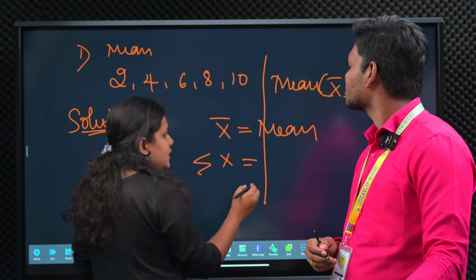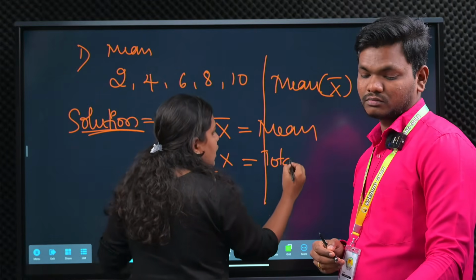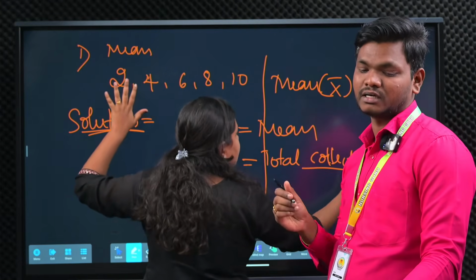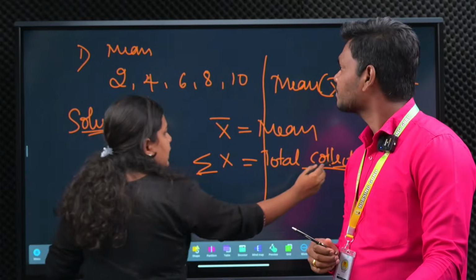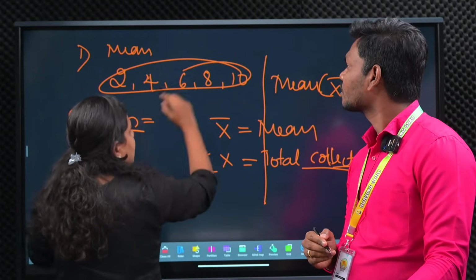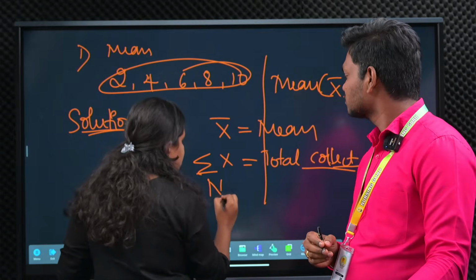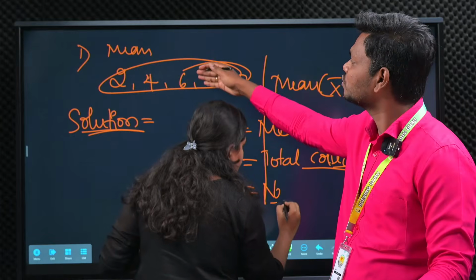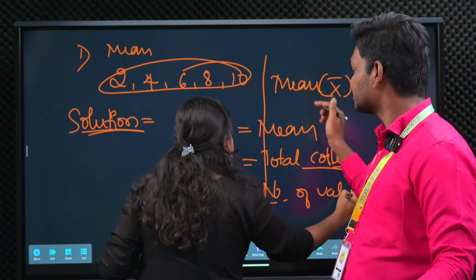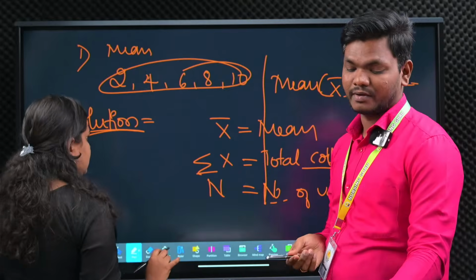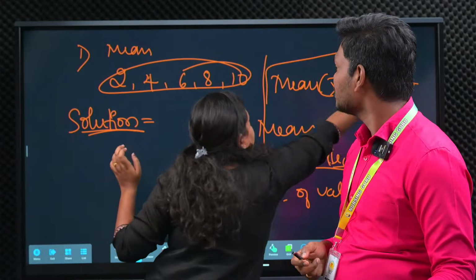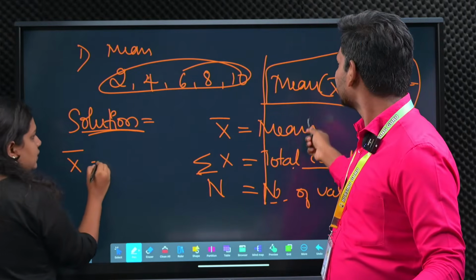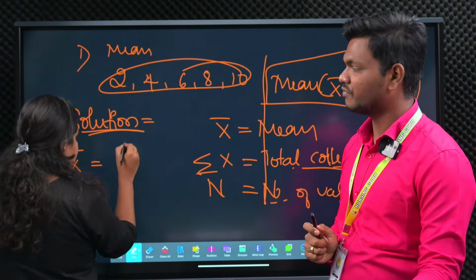Sum of x means the total of this collected data. Next, N stands for the number of values. How many values are there? 1, 2, 3, 4, 5. Here there are 5 values, so N will be 5. Totaling all this data gives the sum of all the values.